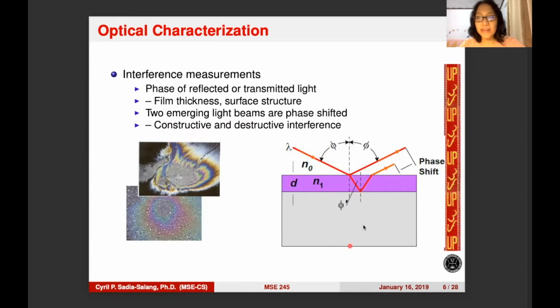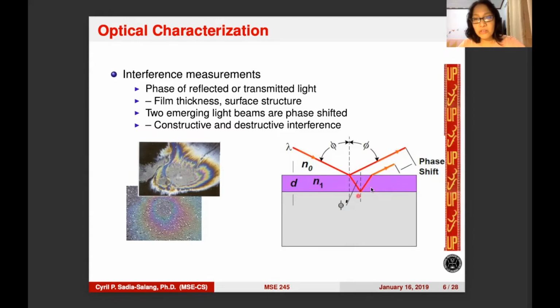The reflected rays from the upper surface and bottom surface interfere. They have a phase shift. When the two waves are in phase, they create constructive interference. However, if the two waves are 180 degrees out of phase, then the two light rays create destructive interference.